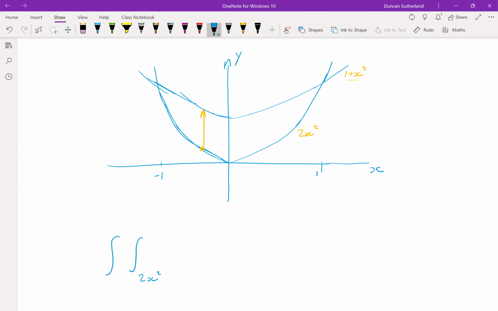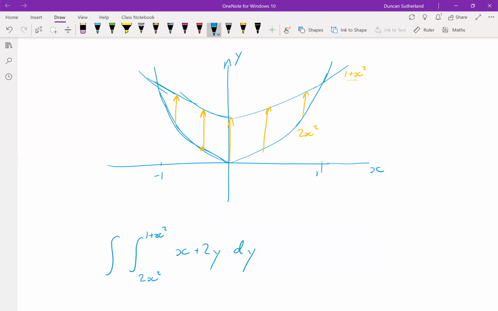2x squared is the bottom limit of our y, right? Because we can always do this, right? No matter where we go, we don't end up crossing any of these lines. Our integrand was x plus 2y, and we do the y integral first.